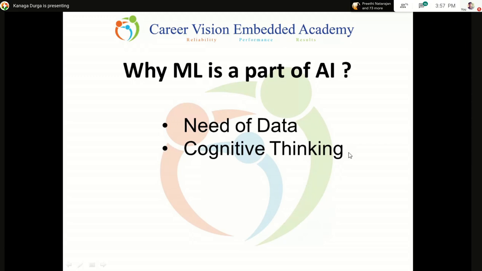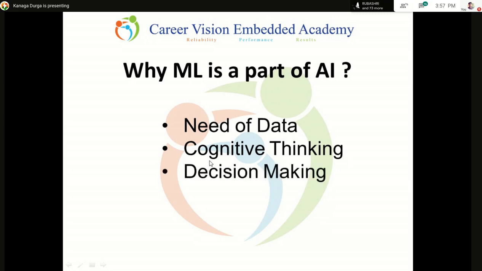The analysis of the data part is done by ML. Then comes your actions and executing the actions with the highest priority. Thinking like a human being is what we call cognitive thinking.